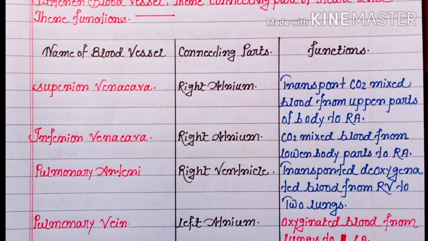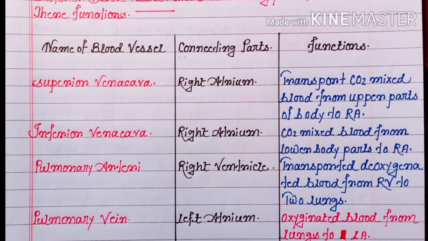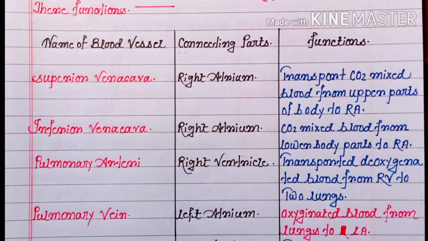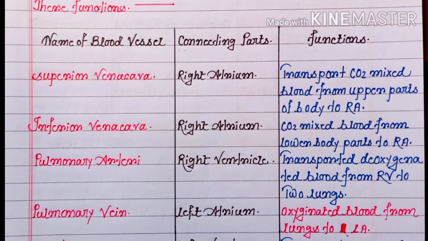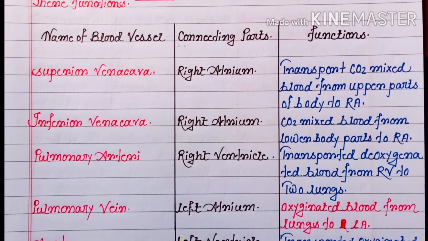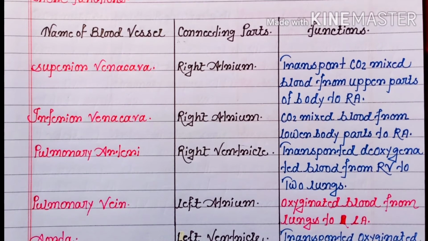The second blood vessel is the inferior vena cava. This is also connected with the right atrium of the heart, and this inferior vena cava brings the deoxygenated blood from our lower body parts to the right atrium.